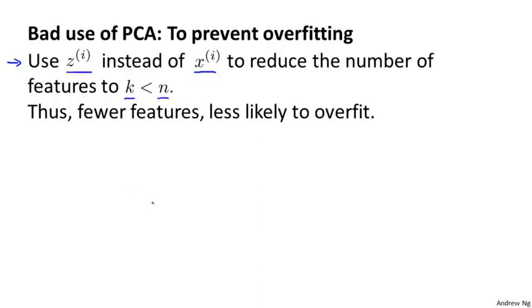So if k is 1,000 and n is 10,000, then with only 1,000 dimensional data, maybe we're less likely to overfit than if we were using 10,000 dimensional data. And so some people think of PCA as a way to prevent overfitting. But just to emphasize, this is a bad application of PCA, and I do not recommend doing this.